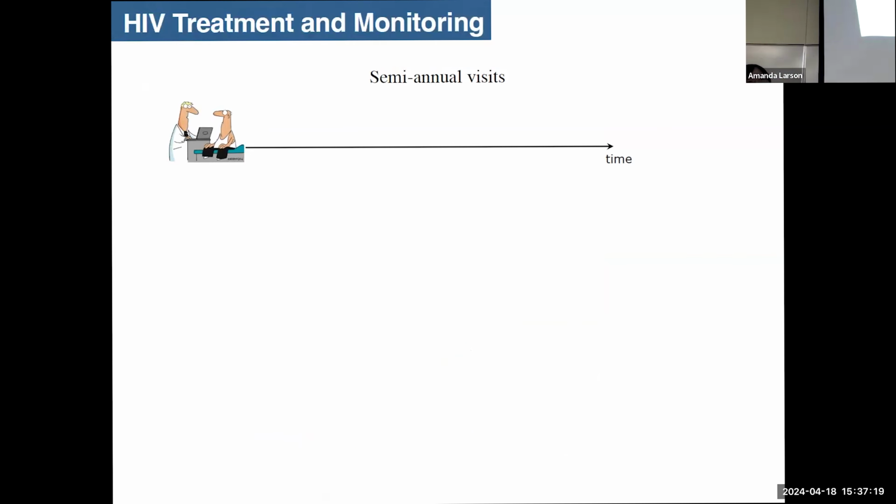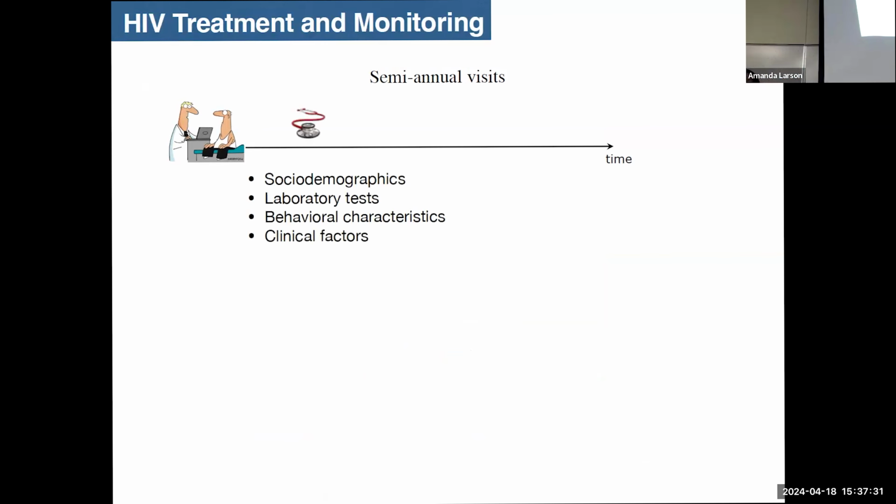Once patients take these drugs, the standard HIV treatment and monitoring procedure, as the CDC recommends, is that they visit the clinic every half year, so semi-annual visits. At each visit, there is social demographic information, lab tests like CD4 count and viral load, and behavior characteristics, for example whether they're smoking, substance use, and all those behavior questions, and also clinical factors like their BMI and blood pressure.